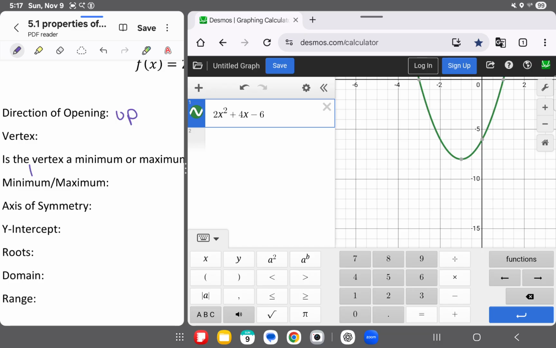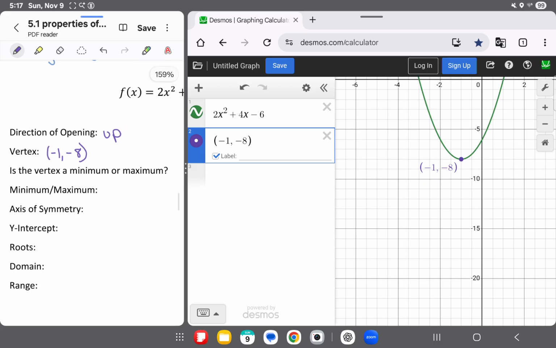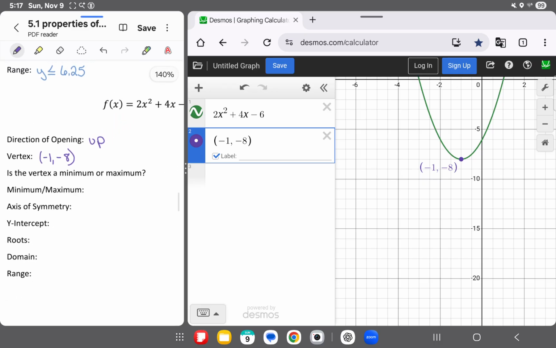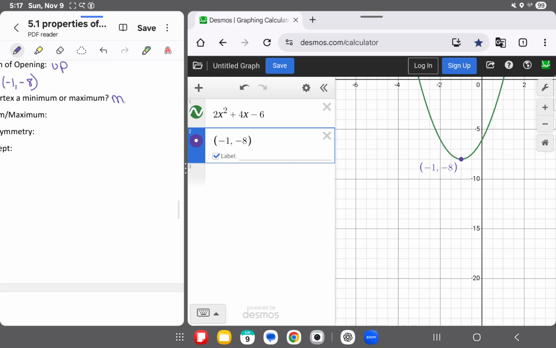And then our vertex, we're going to look at that point at the very bottom, and that is -1, -8. And then, is this vertex a minimum or a maximum? Well, since we open up, then we are a minimum.